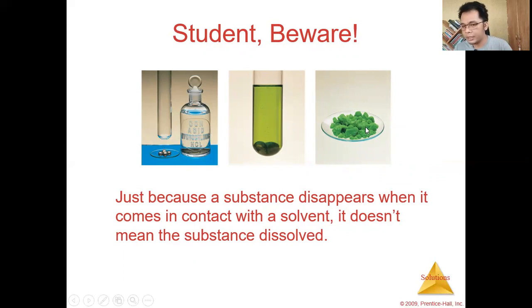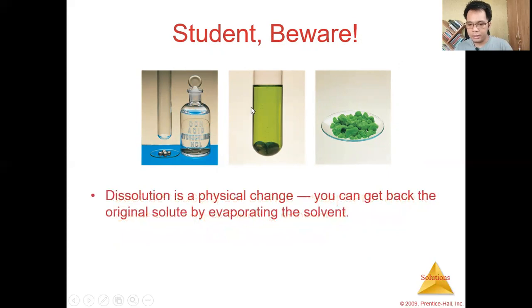Nagkaroon tayo ng, I think this one here is a mercury chloride. Okay, tandaan niyo, it is a physical change. Now, it is separable. Para ma-separate nyo yon, you have to vaporize the water or the solvent, whatever the solvent is, and matitira doon yung solid.